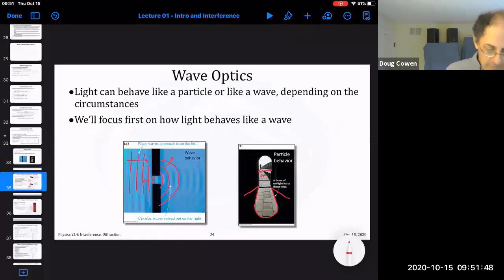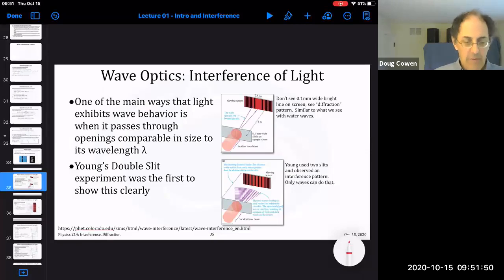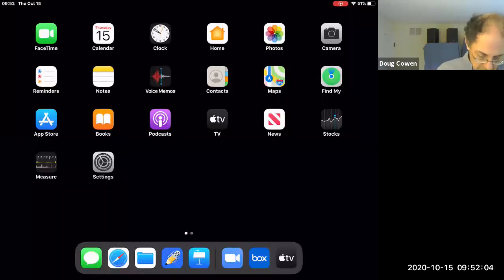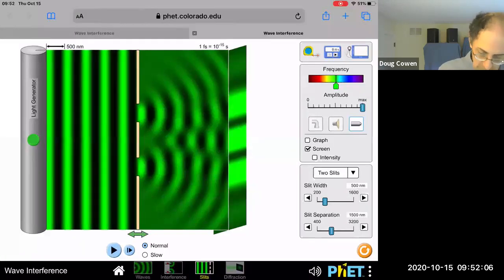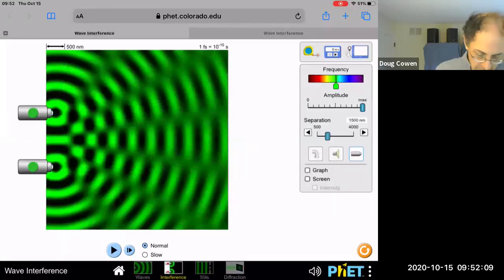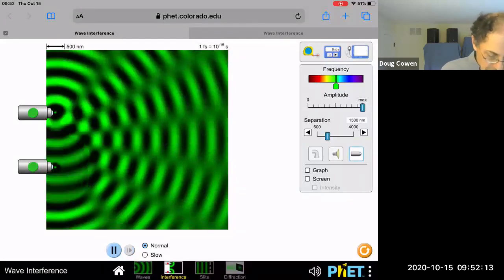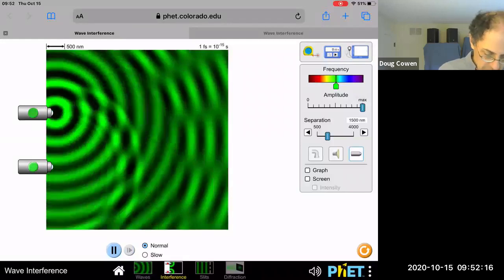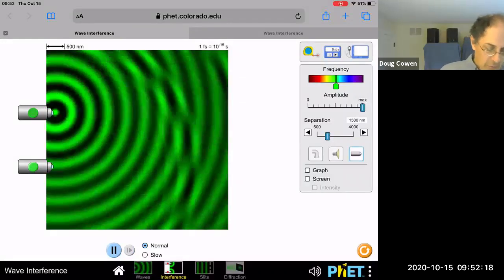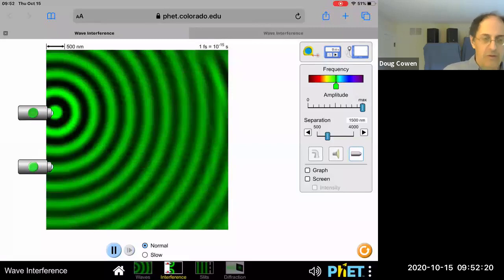So one of the main ways that we can get light to exhibit wave behavior is by passing it through an opening that's comparable to its wavelength. I'd like to show you an example of this using the following demonstration. First, I want to show you interference.